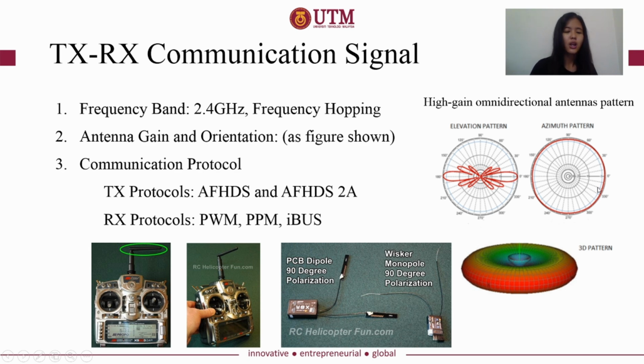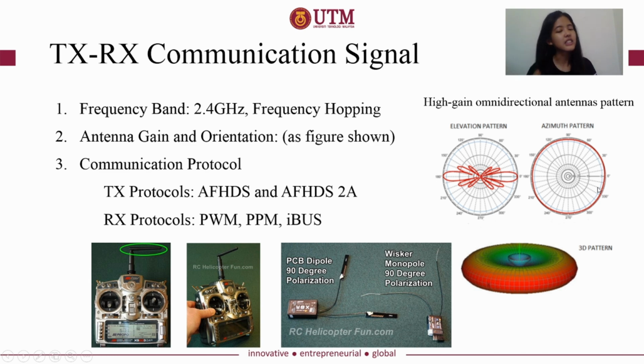The third is the communication protocol. For the transmitter protocol, there is AFHDS, which is Automatic Frequency Hopping Digital System, and AFHDS 2A stands for the second generation. It is a digital protocol that ensures two or more radios can operate at the same time without interfering.